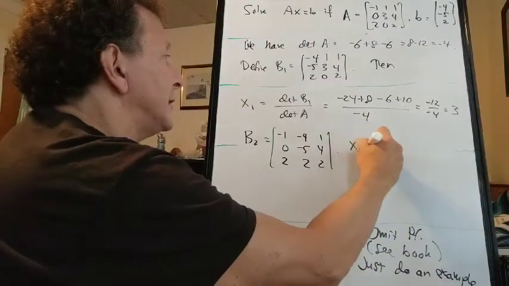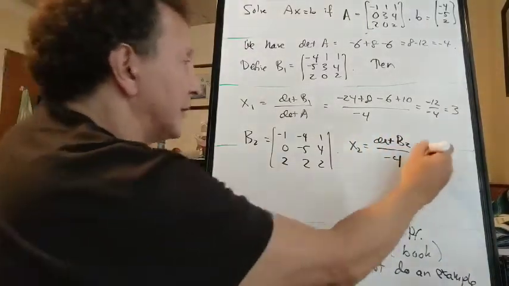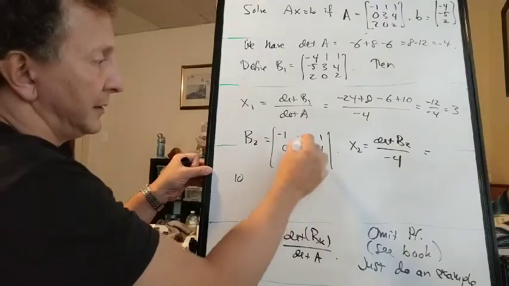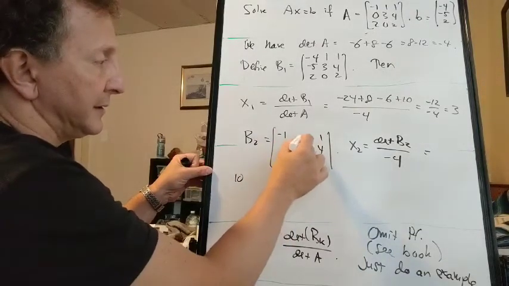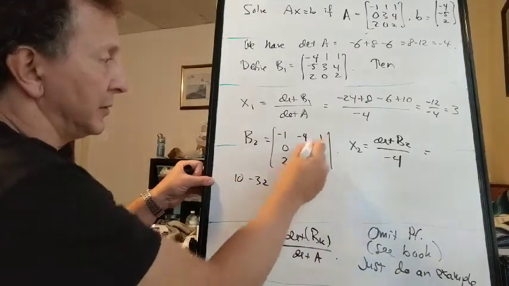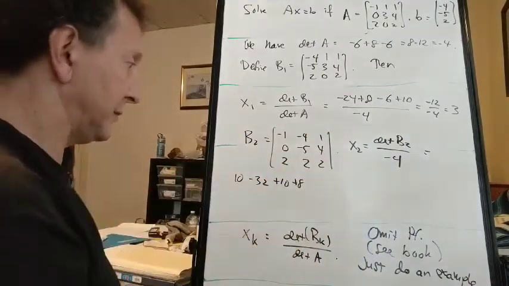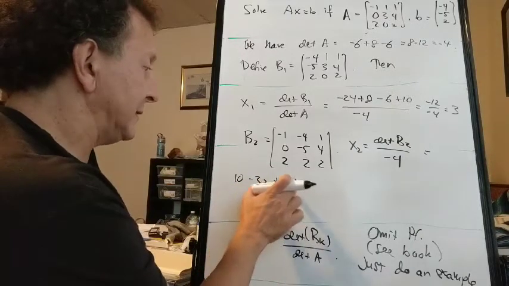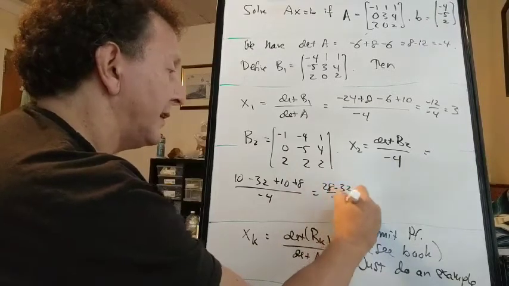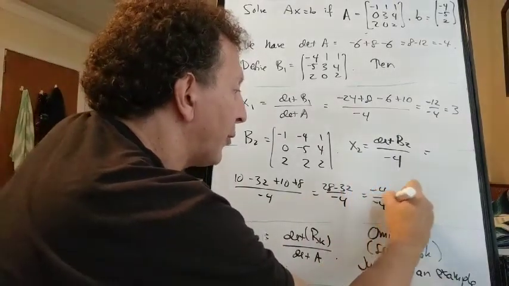So x2 is determinant of B2 over negative 4, which is 5 times 2 is 10, minus 16 times 2, minus 32, plus 0, plus 10, plus 8, plus 0. So 28 minus 32 over negative 4. And 28 minus 32 is negative 4, isn't it? So negative 4 over negative 4, which is 1.